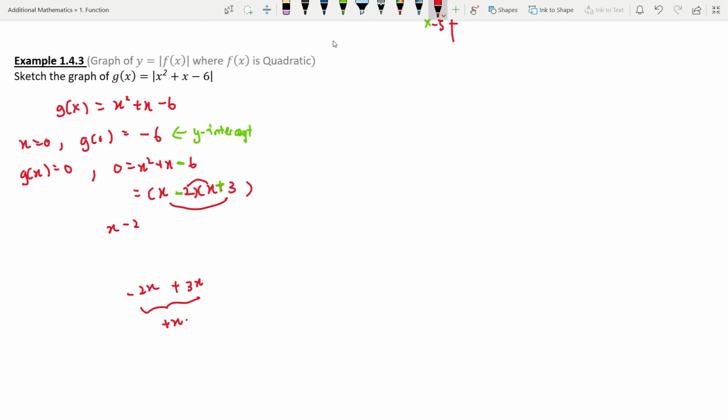Therefore, x minus 2 is equal to 0, x plus 3 is equal to 0. x will be 2, x will be -3. These two answers are our x-intercepts. Then we sketch the graph of g(x).